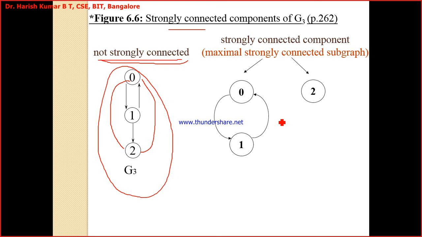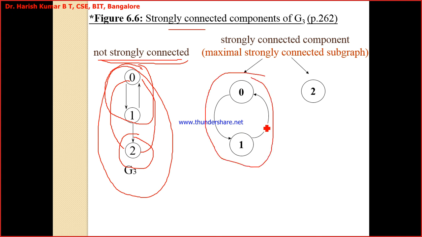Now if I take the strongly connected components of this graph, I am dividing it into two subgraphs. This is one graph, and this alone I am taking as a separate graph. 0 and 1, which I have extracted, form a maximal strongly connected subgraph, because there is a path from 0 to 1 and 1 to 0.